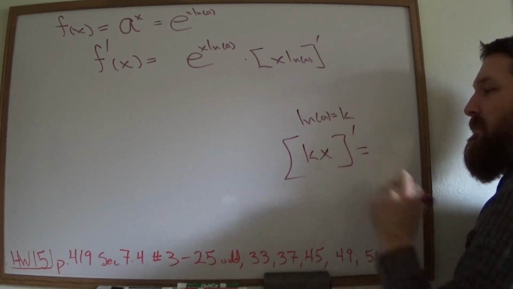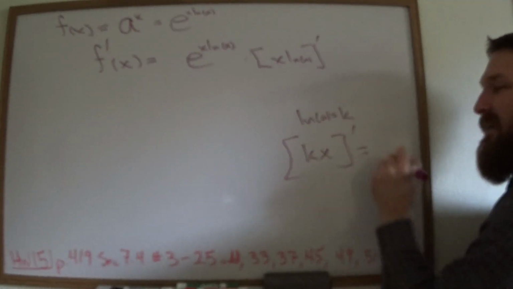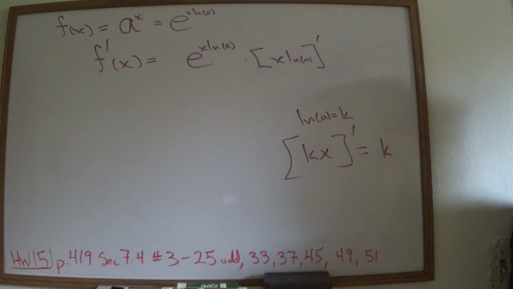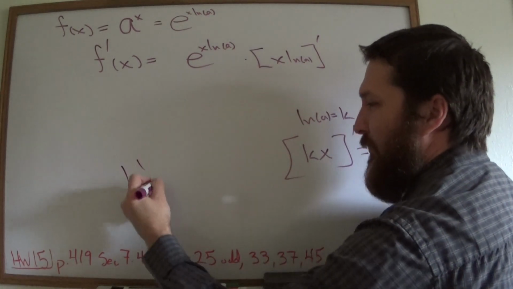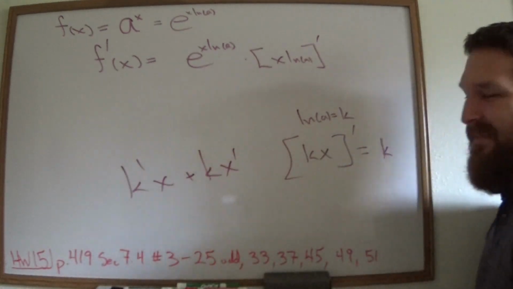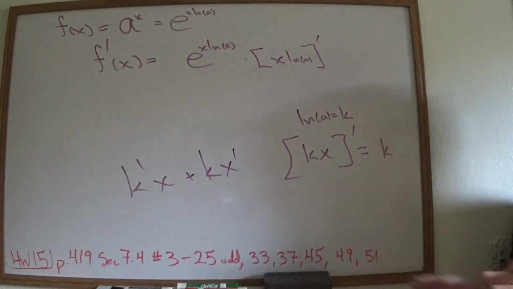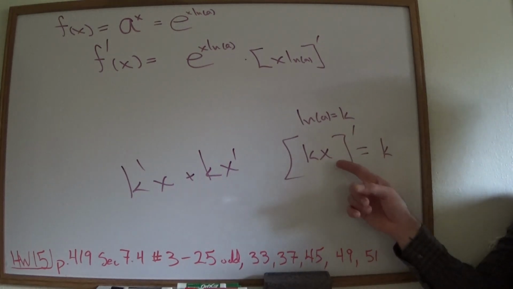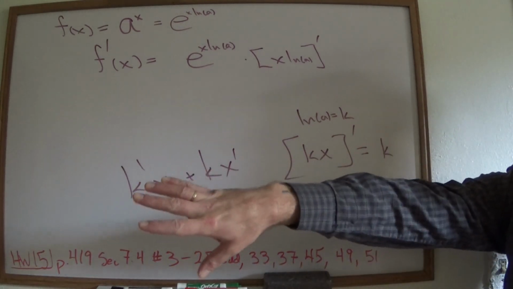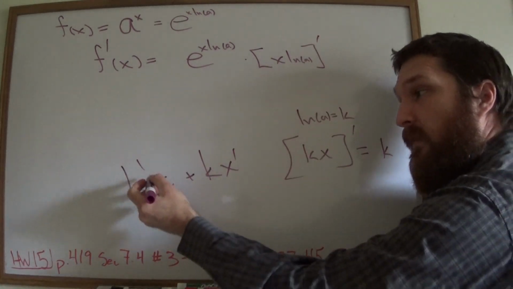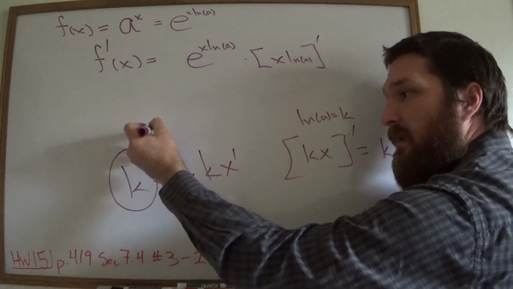Some constant times x. K prime times x plus... not if it's a constant. Well, yeah, you could go k prime x plus k x prime by the product rule, right? But you're making it too hard on yourself. Anytime you have a constant times a function, just pull the constant out, because it turns out that the constant's derivative always goes to 0.